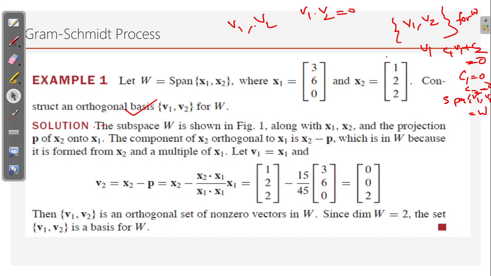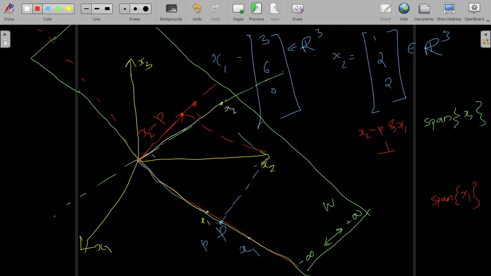Why? Because the vector p and the vector x2 minus p are all in the subspace W. The subspace W is the span of x1 and x2, that means all possible linear combinations of x1 and x2.